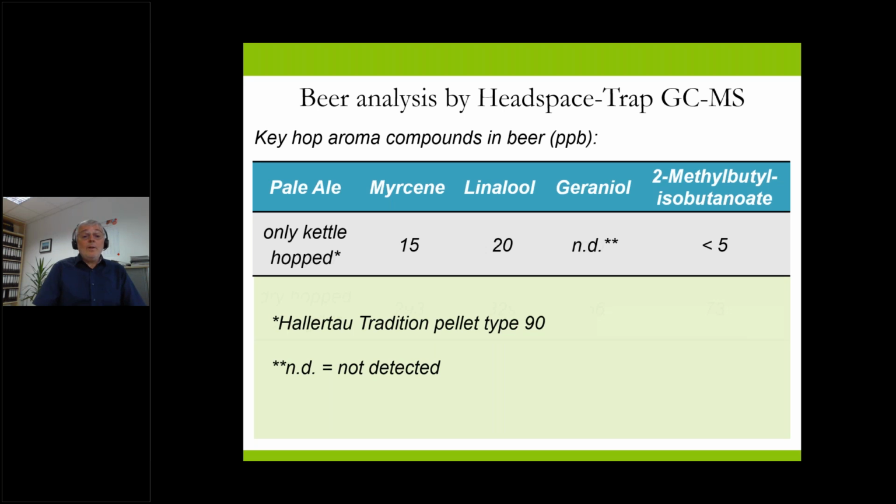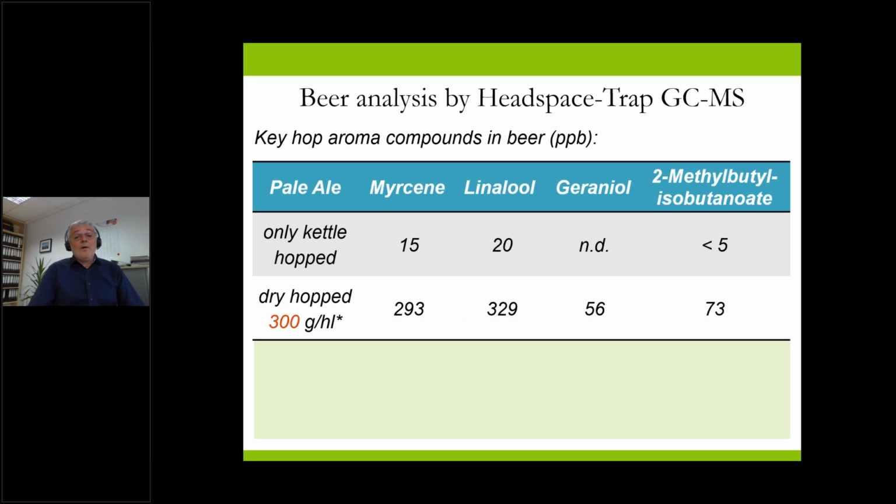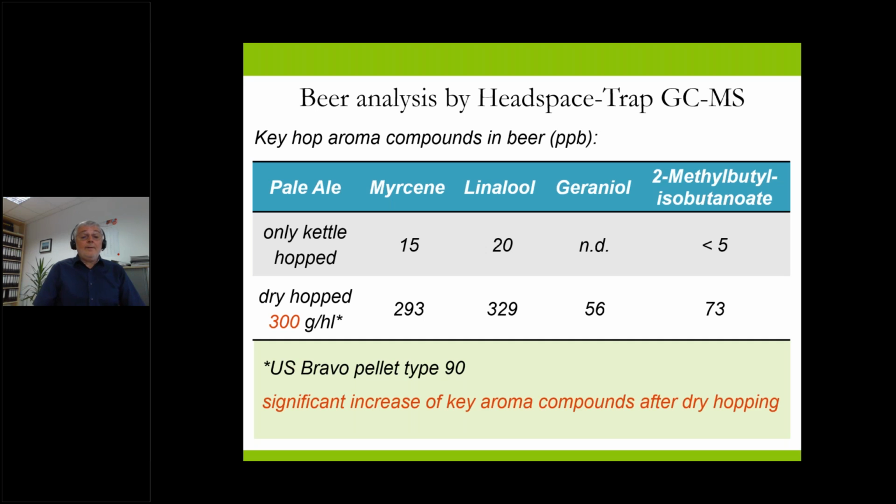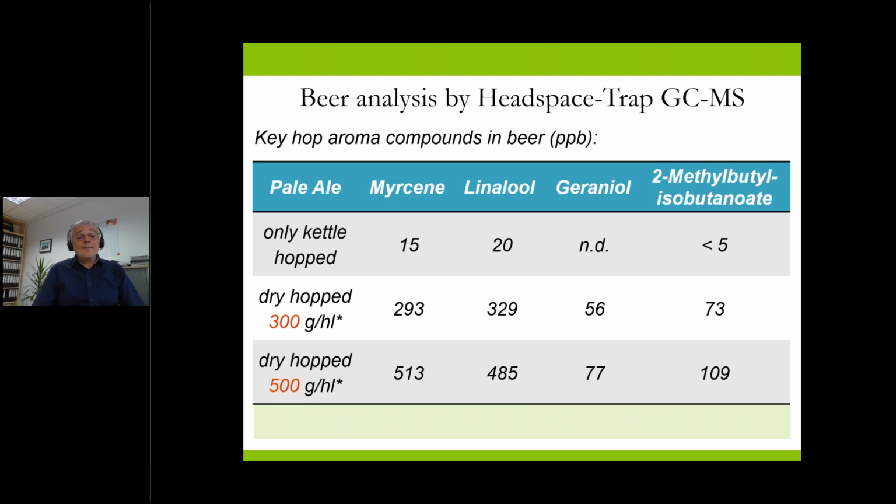After dry hopping with 300 grams per hectoliter, we get a clear increase, and this dry hopping was done with the US Bravo again. You see the clear increase with dry hopping, and if we add even more of the Bravo, as shown in the next slide, 500 grams per hectoliter, there is even more increase.